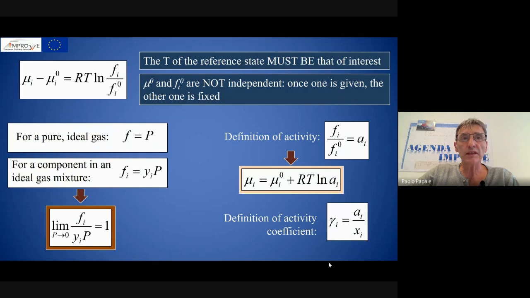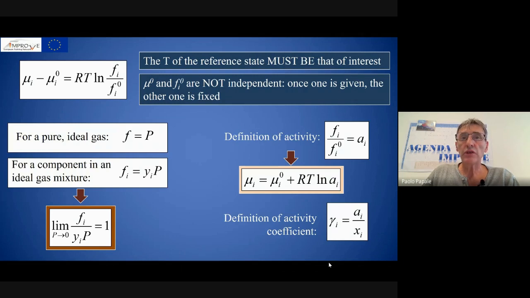For the moment, let's just take them, and also take note of a convention that I use throughout this training module. I always use X to refer to mole fraction of components in a liquid phase, and Y to refer to the same quantity, mole fraction, in a gas phase.